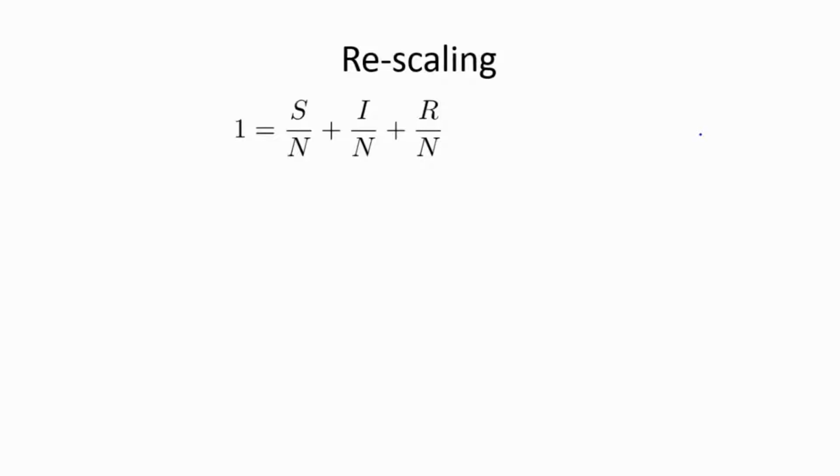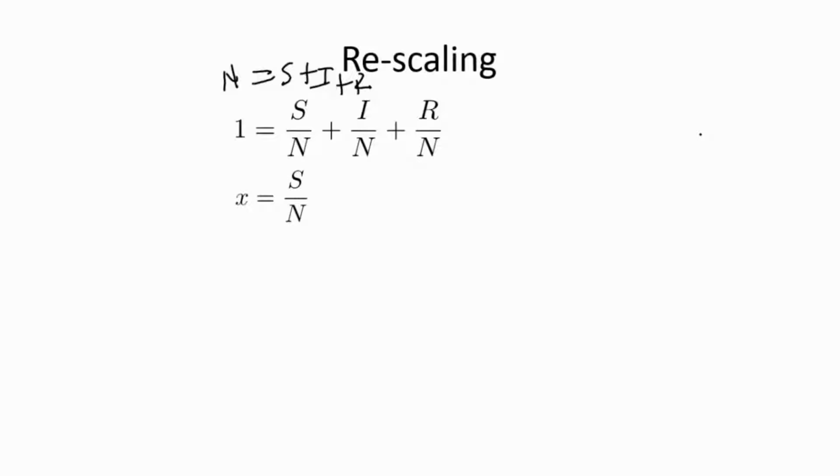Because the total population is constant, then remember, we were assuming that n is S plus I plus R. So what we can do is divide by that constant on both sides of that equation, and that gives us that 1 equals S divided by n plus I divided by n plus R divided by n. Each of these quantities is now a proportion, a fraction.